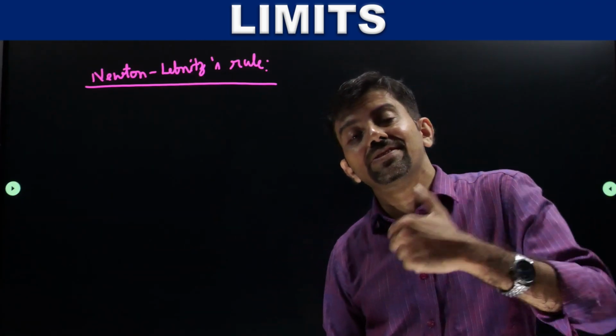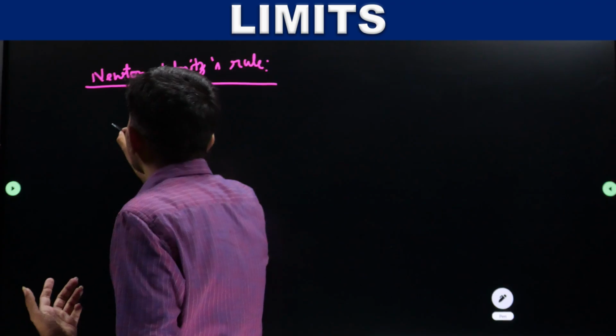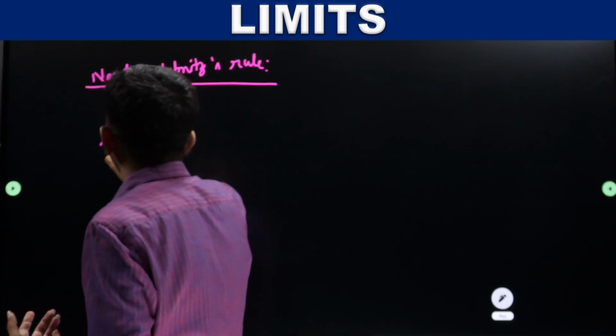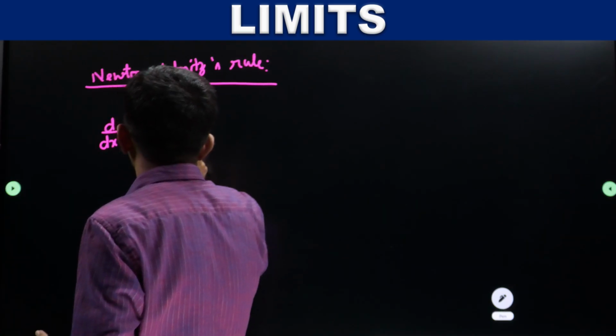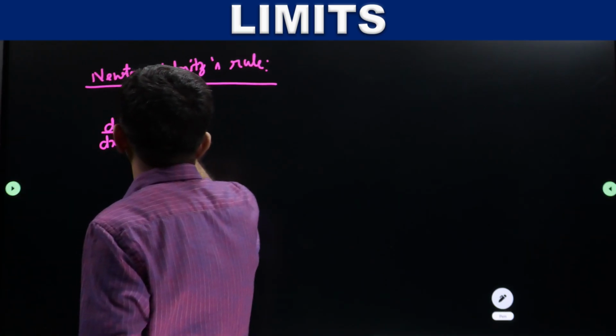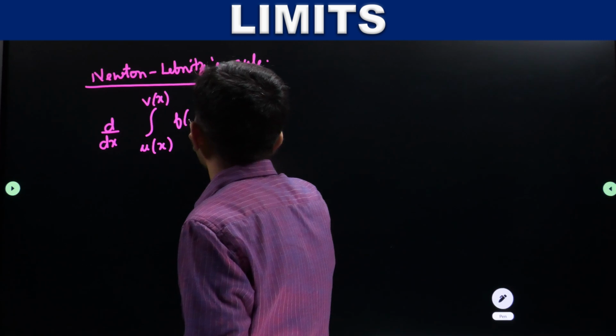The Newton-Leibniz rule is for d by dx of a definite integral, where u of x is the lower limit and v of x is the upper limit, and the function is f of t dt.